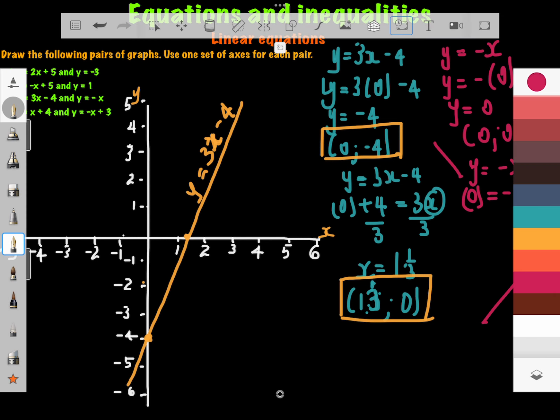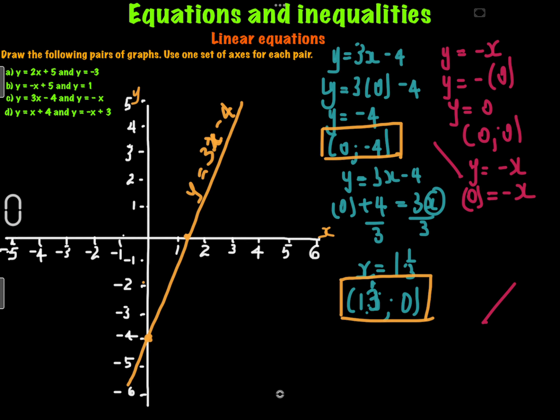Remember, there's a silent 1 here. Algebraically, we have negative 1 there. So in this case, we divide both sides by negative 1 and divide by negative 4. So x in this case is just simply 0. So when y is equals to 0, x is also 0.